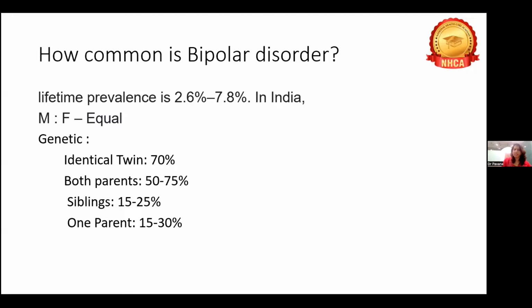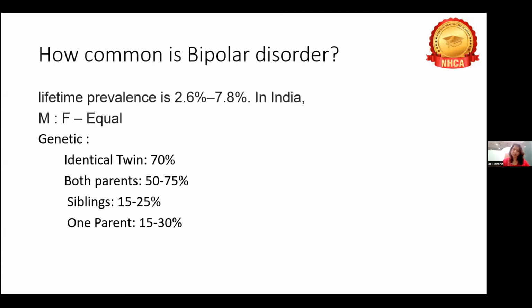Coming to genetic predisposition, if the person has one parent who is suffering from bipolar disorder, there is a 30% chance of being more prone. These are the risk factors. It does not mean 100% that he is going to inherit it from his family, not at all, but yes, he is more prone.